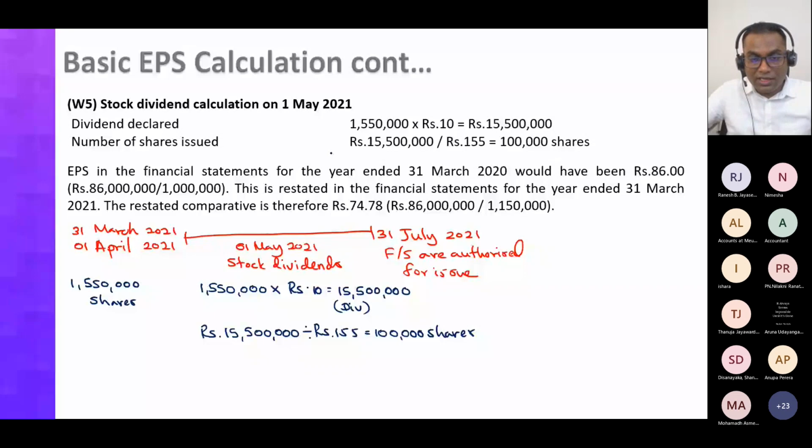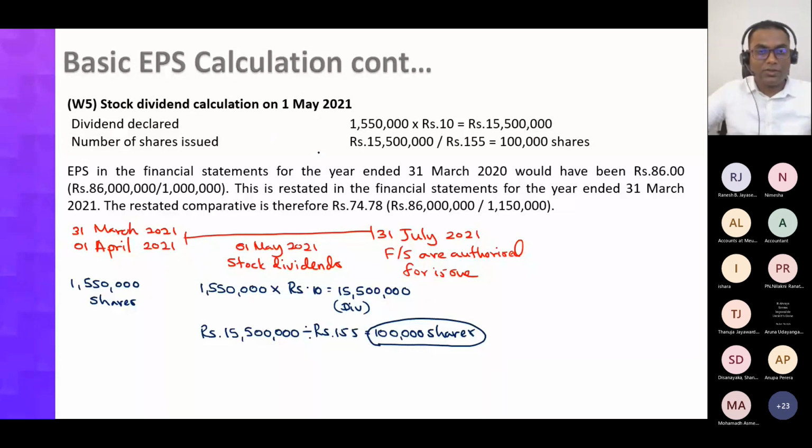Now this 100,000 shares is adjusted retrospectively. The reason is this increase has come without any corresponding change in resources. No impact on the earnings, no cash inflow. So you have to adjust this retrospectively. That means you go back to the current year and add this 100,000 into the computation of earnings per share.